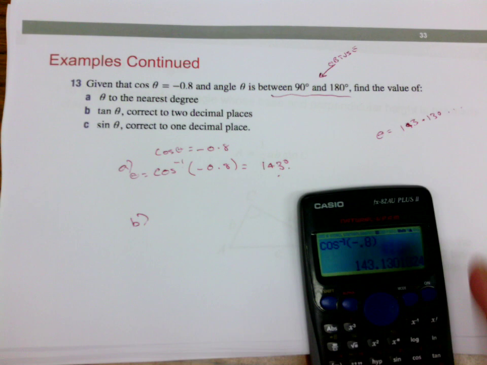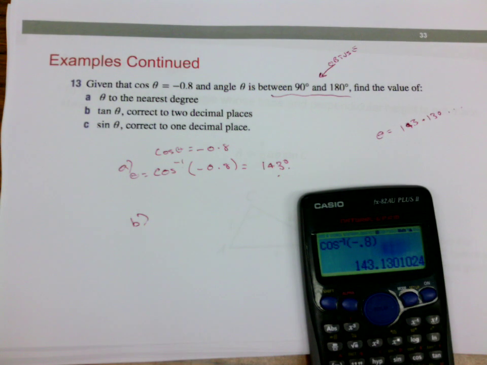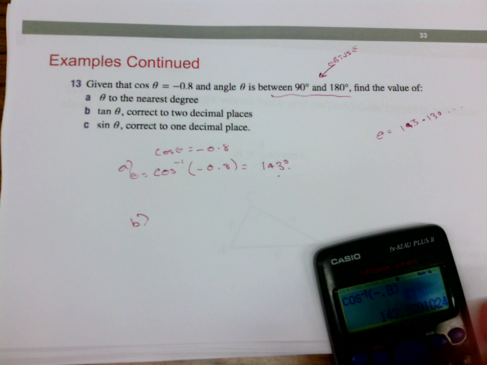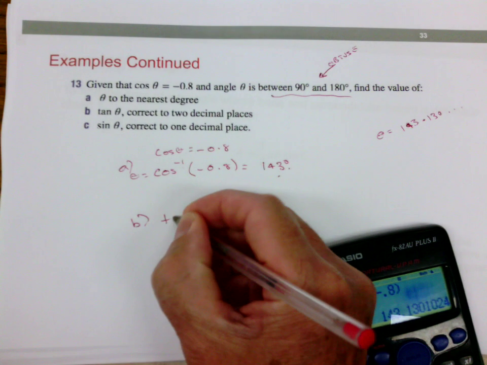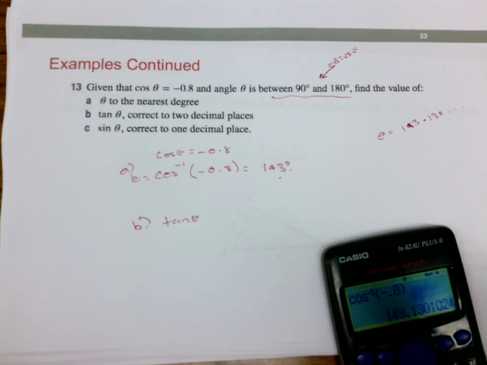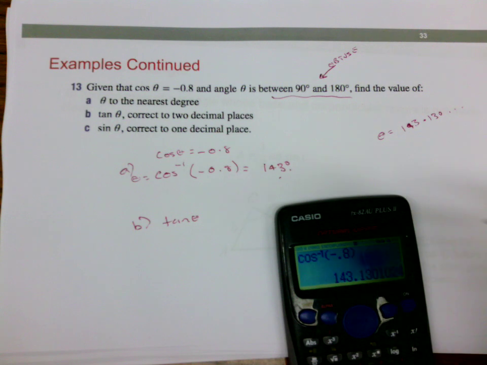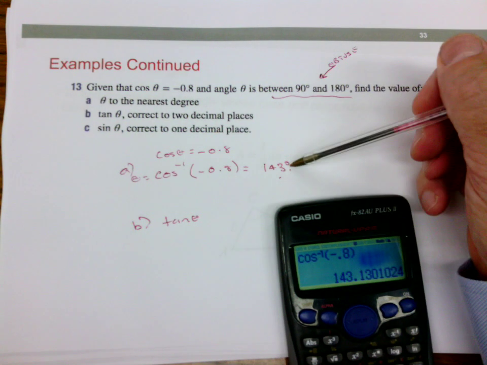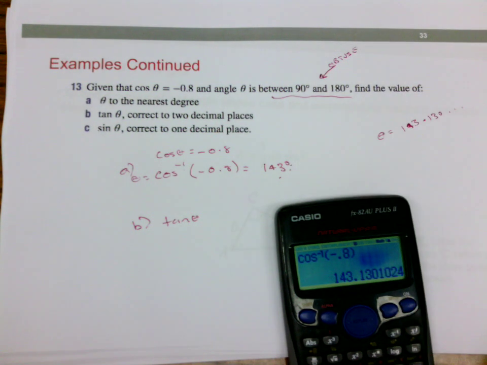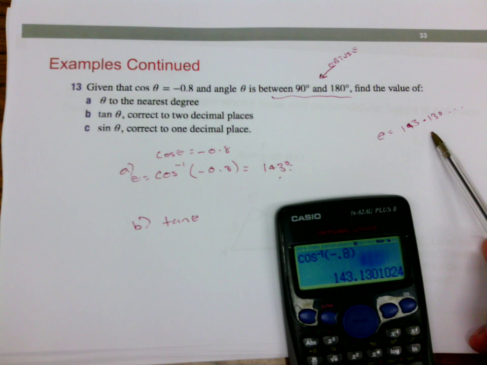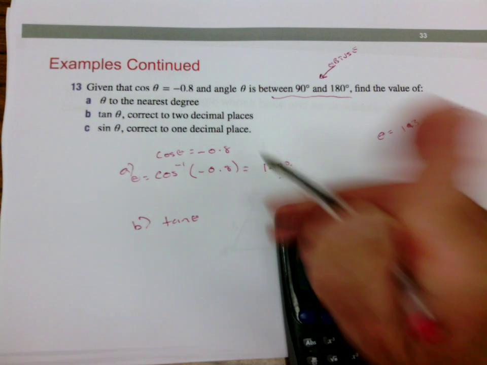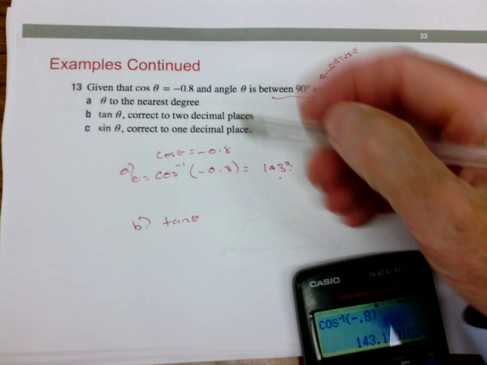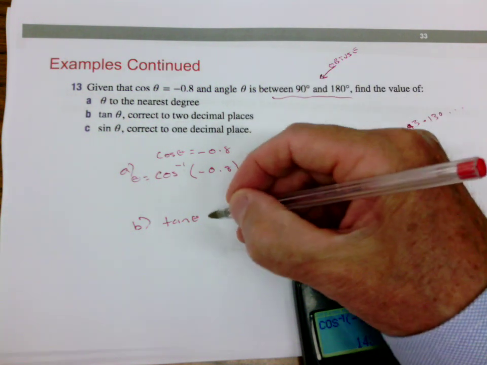Then it says find tan theta. Within this course, even though we've rounded this to 143, we should put all the places in for other answers, because it hasn't said use the rounded one, so we would generally use the full value.